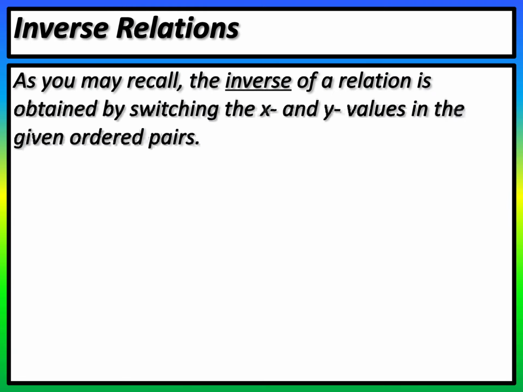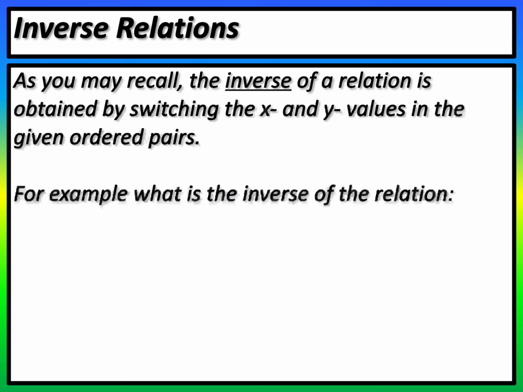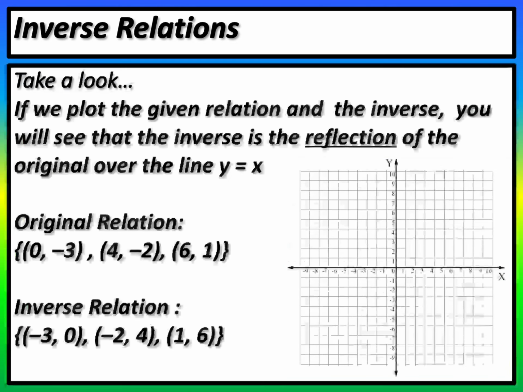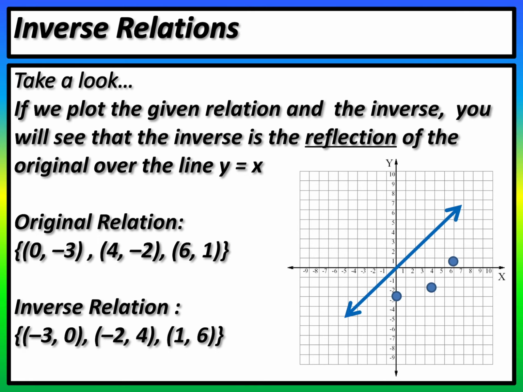We know that an inverse happens when we switch the x and the y values in an ordered pair. In Algebra 1, we've seen taking a relation and creating its inverse by simply swapping the x and the y values. When we plot, the original is there in blue, and the inverse points are there in red.